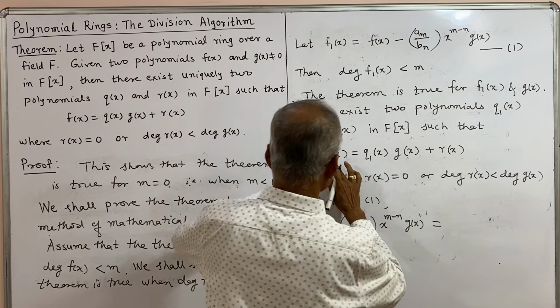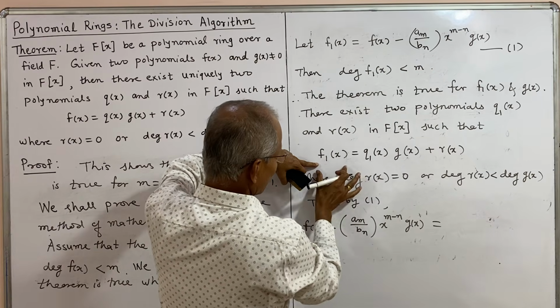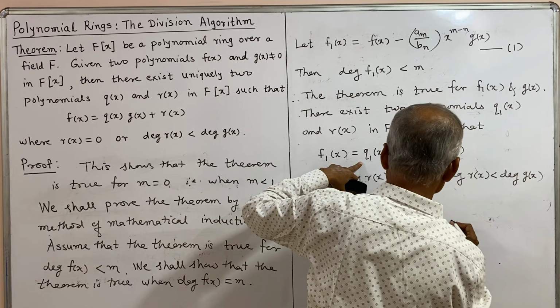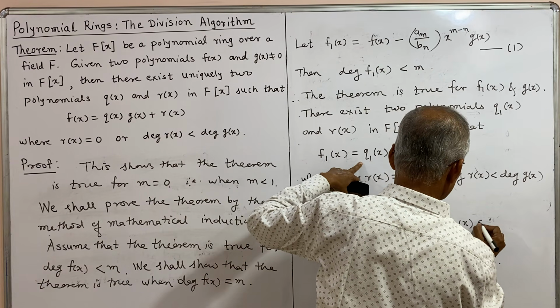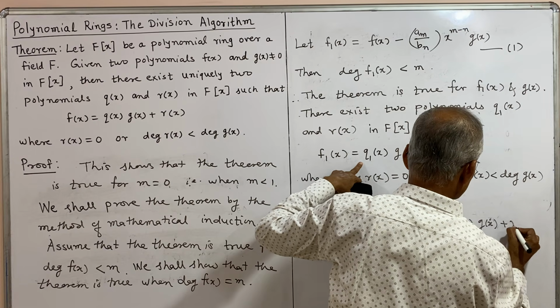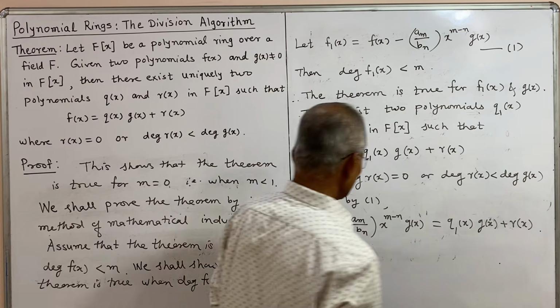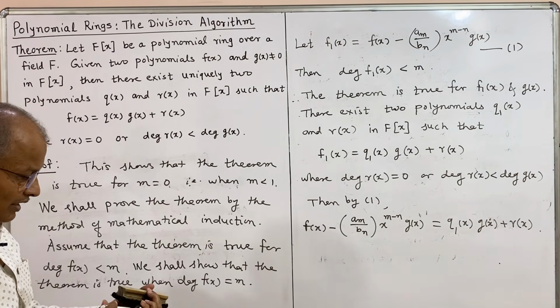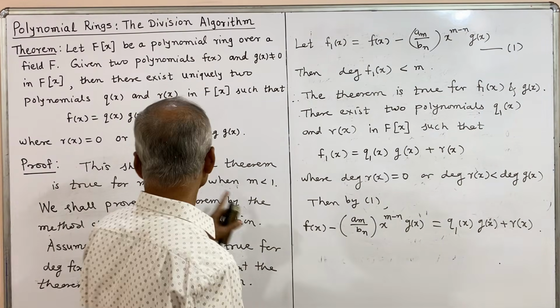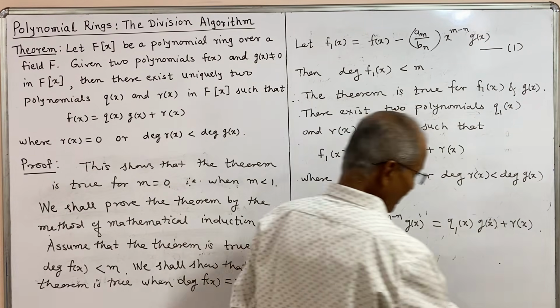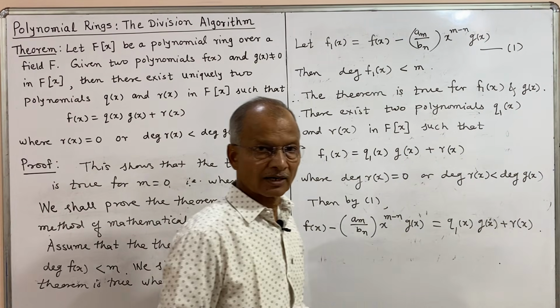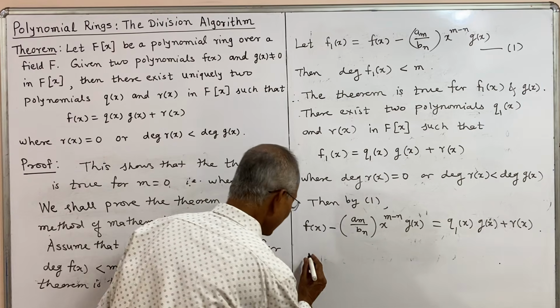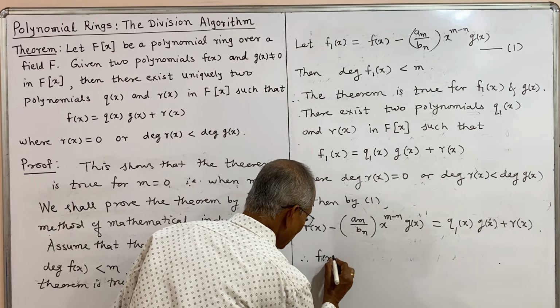This is the expression for f1 we have written here, and the right side is the same, q1(x) g(x) plus r(x). From this we shall write the expression for f(x).